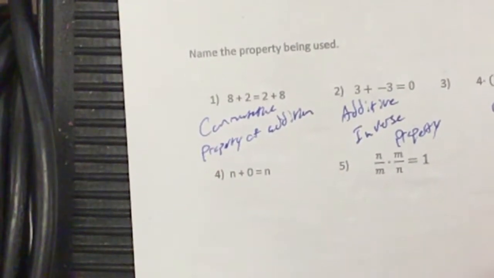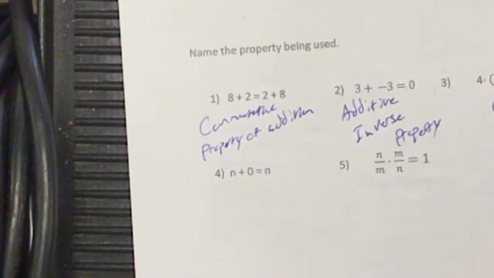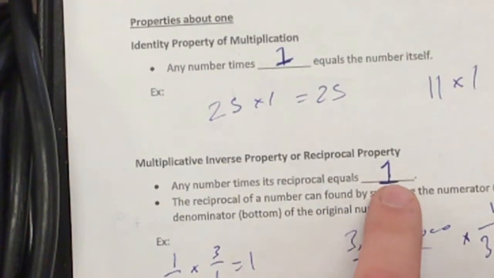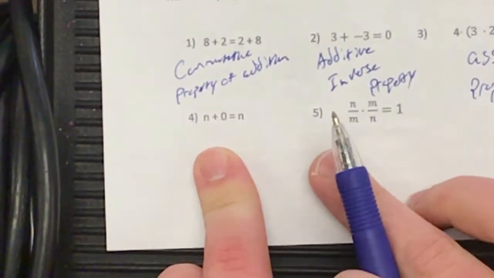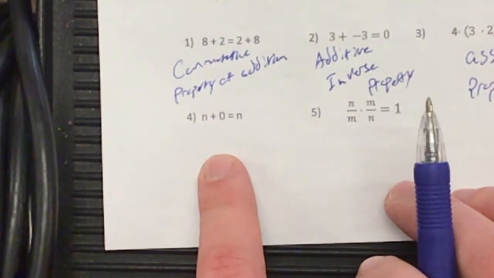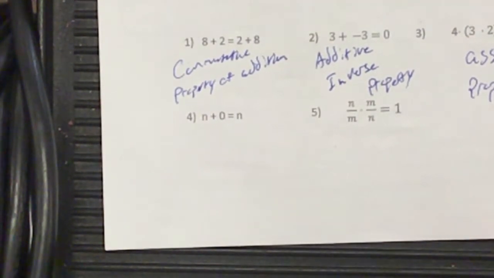You have them all there. It's the identity property of addition.